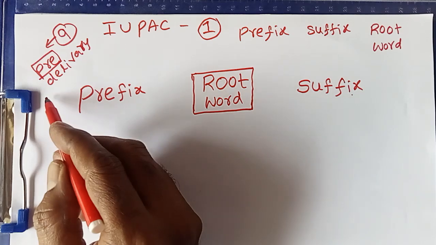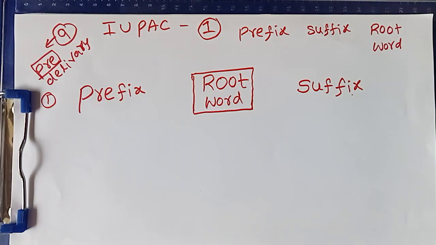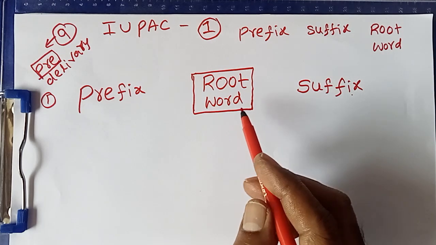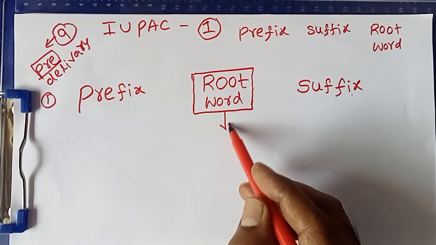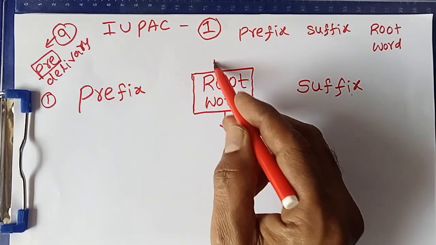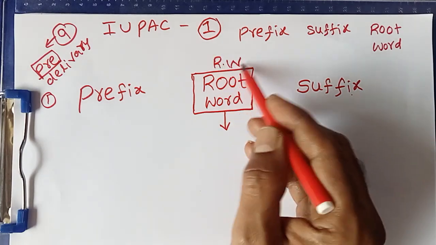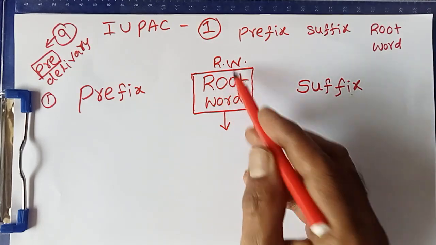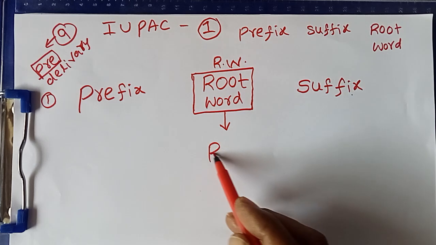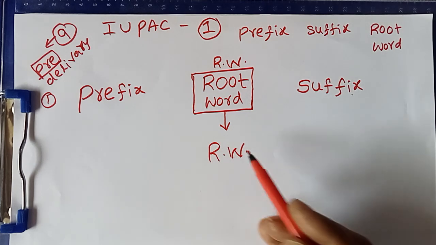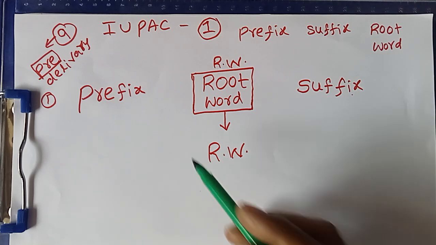Okay, first point this is. First point is clear. The second point, root word as it is. This shortcut symbol I say RW. R means root, W means word, root word. Root word, no change.